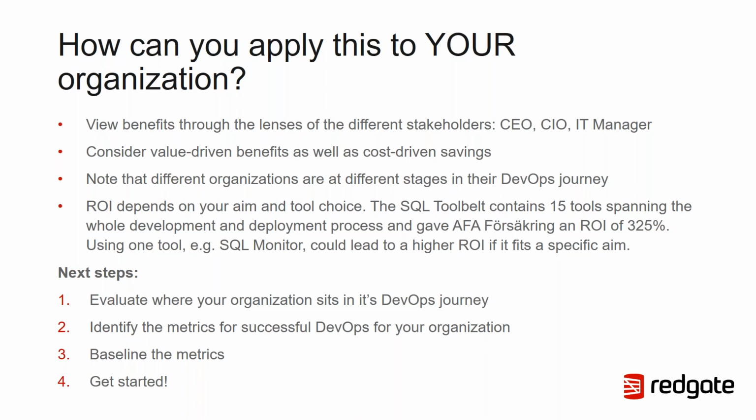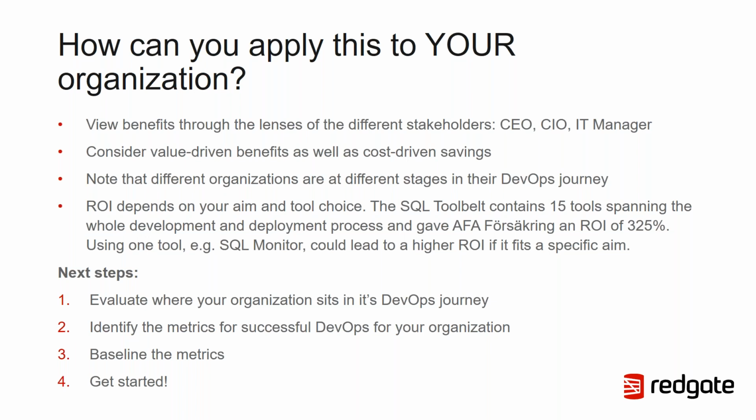Maybe we start by just getting our databases under source control, then introducing continuous integration, then maybe we start provisioning development environments using an automated process so that we free up some of the DBA's time. Then maybe we start monitoring our production environments to free up more of the DBA's time. So there's a lot of different stages that you might go through, and you might not do all of them at once, but each of them can have their own return on investment, or you can look at the bigger picture. And that's why really it depends on your goal and your tool choice.